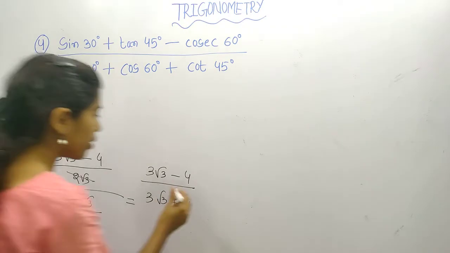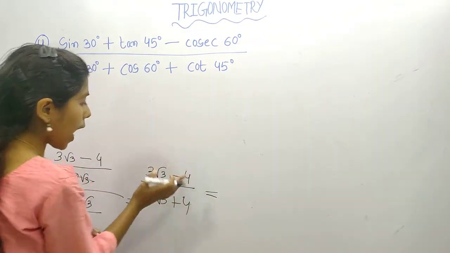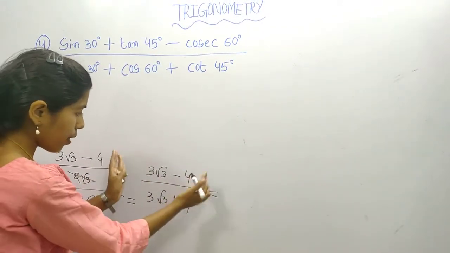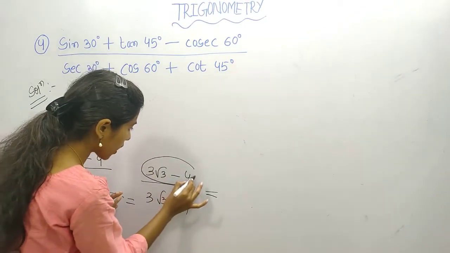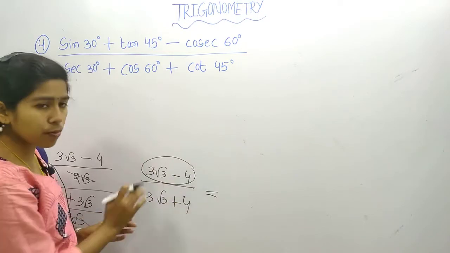Next, what will it become? You see, I have said in the previous class that if a solution like this comes, then you have to see the denominator part. You see 3 root 3 plus 4 is there.